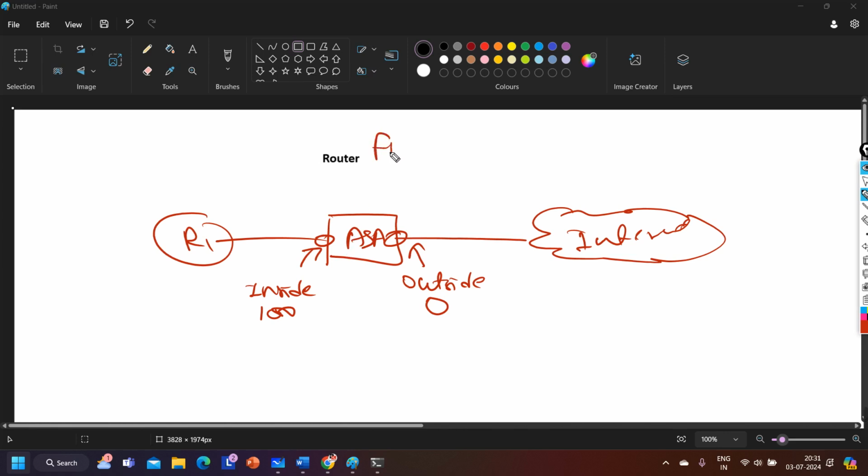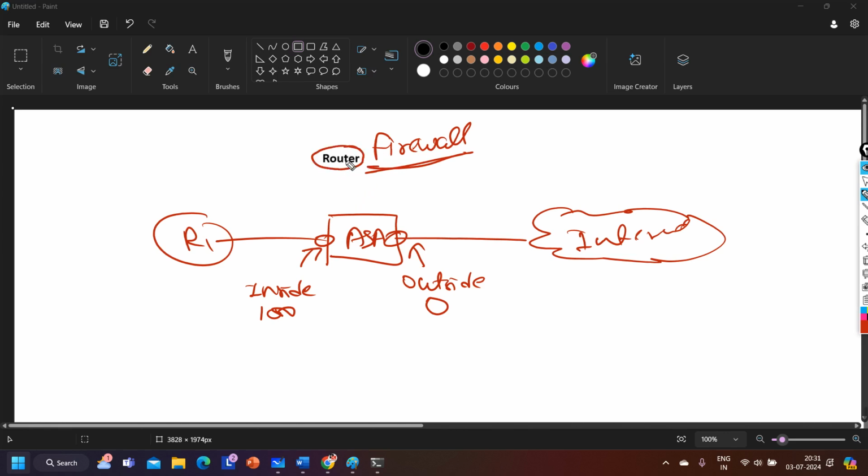ASA is a firewall, like Palo Alto firewall, Checkpoint firewall. Like we have a switch, we have a router, we have another device, that is a firewall. Palo Alto is a different company, na? ASA is the firewall of Cisco.